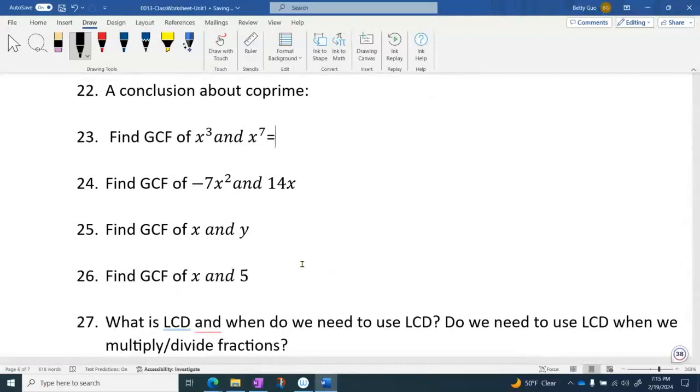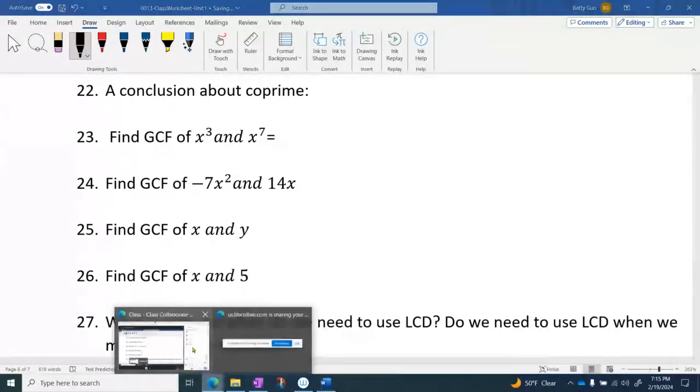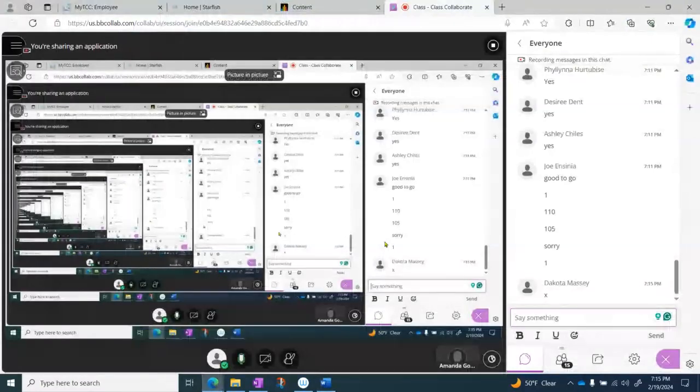Now we are looking at the GCF of two terms. We don't need LCM, by the way, only the GCF. What's the GCF of x cubed and x^7? No, x is a common factor, but not the greatest common factor.